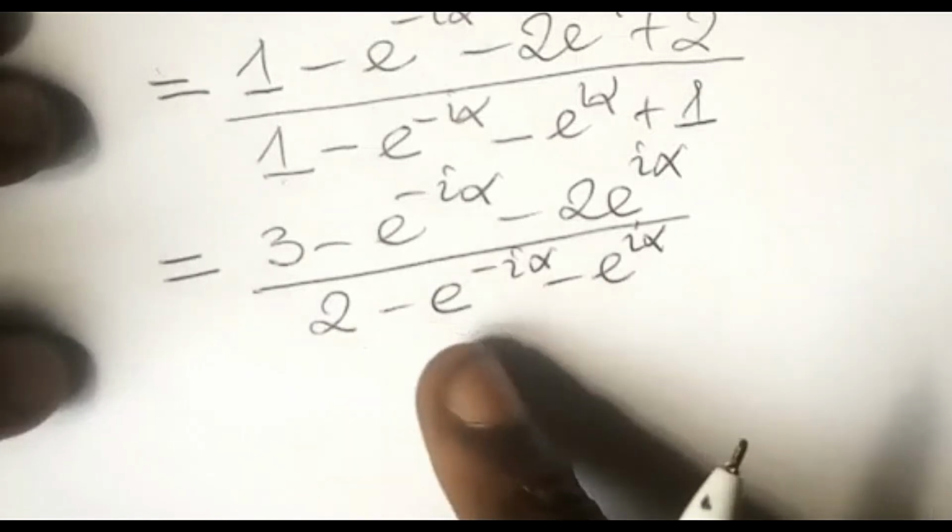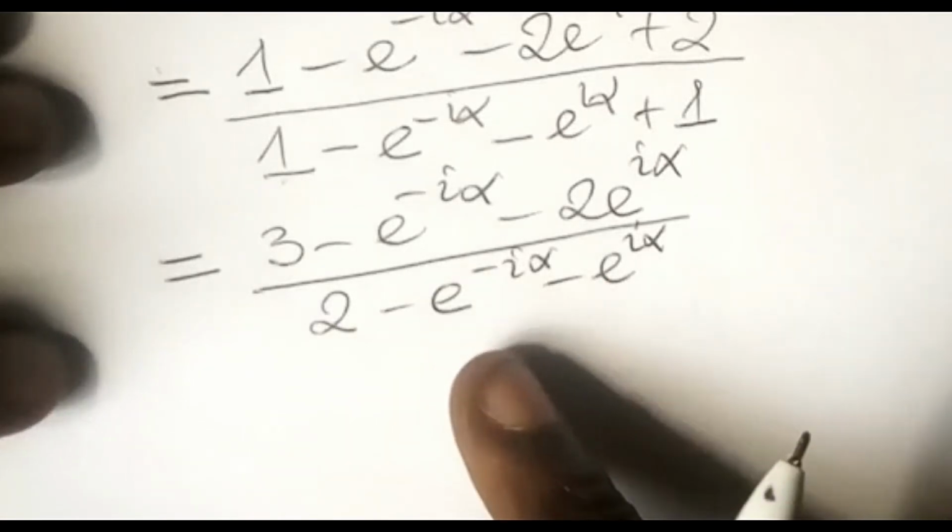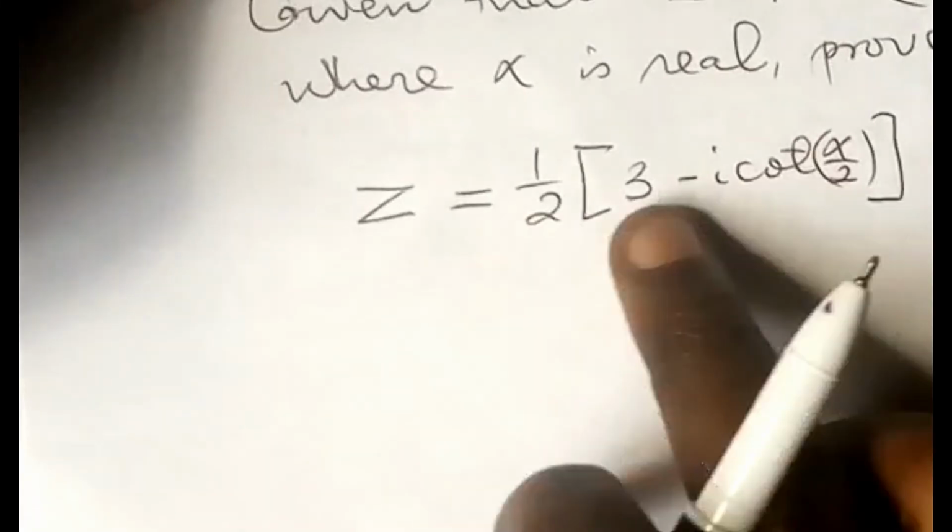At this point, to further simplify, you can see that the final expression does not have the exponential form again. So we start eliminating it after simplification.